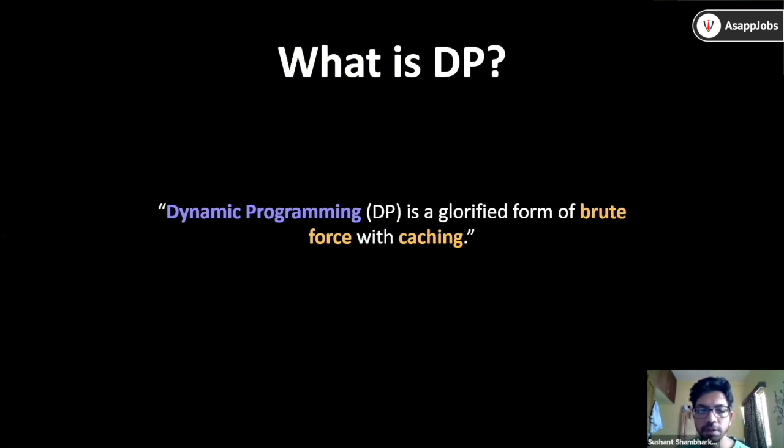You'll always find that there is a brute force method involved, and there must be some caching to reduce the complexity. The brute force method on its own will go to exponential complexity, or maybe some higher complexity levels, that you can't use in real time. To use that program in real time, you need some caching mechanism.